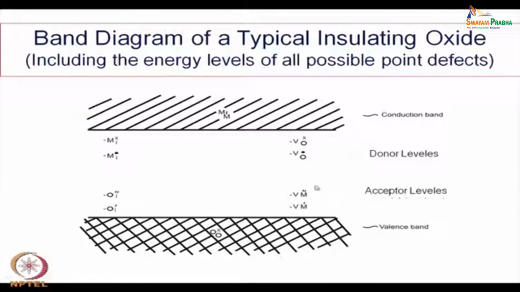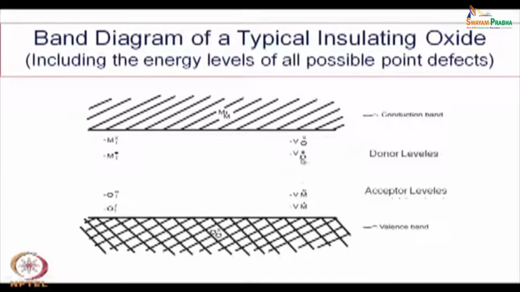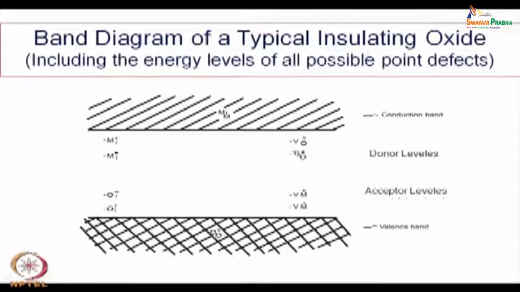Now, these doubly charged ones are the more predominant defects, this one, this one, this one and this one. Now, there is a difference that also has to be noticed. Here it is doubly charged, but this has not been shown as doubly charged or positively charged, only a single dot has been kept, whereas this is neutral and this is neutral.